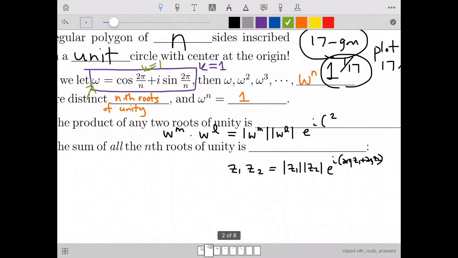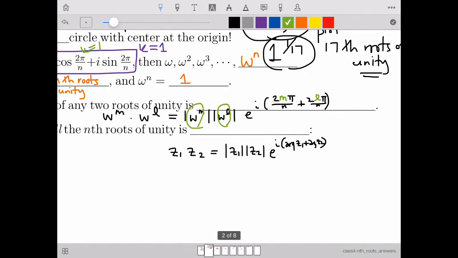So for w to the m and w to the l, we will have e to the i 2m pi over n plus 2l pi over n.